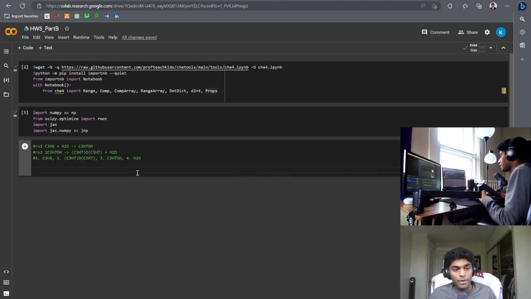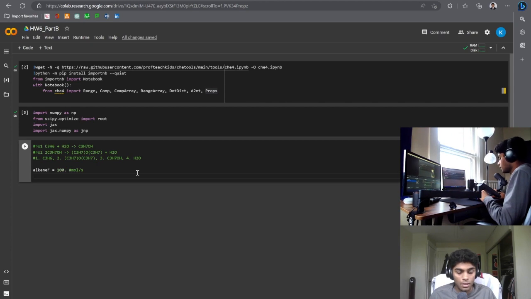So let's start off by defining our alkene feed. And if you remember, the rate for our alkene feed was 100 moles per second. So moles per second. And the alkene composition, so alkene comp, we're going to set that as an array.